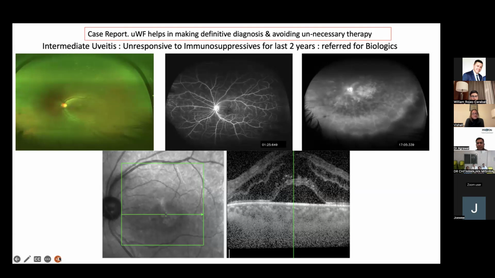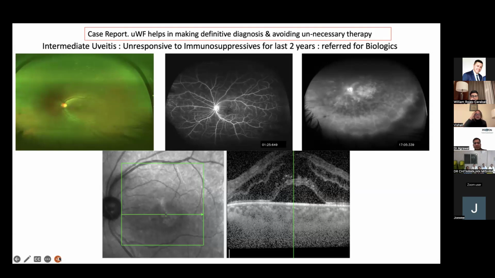He has received methotrexate for 1 year, shifted to MMF, corticosteroids, so nearly 2 years of DMARDs, and no response. He had also received local steroid injections, but the macular edema kept coming back. So he was referred to me for initiating biologics.